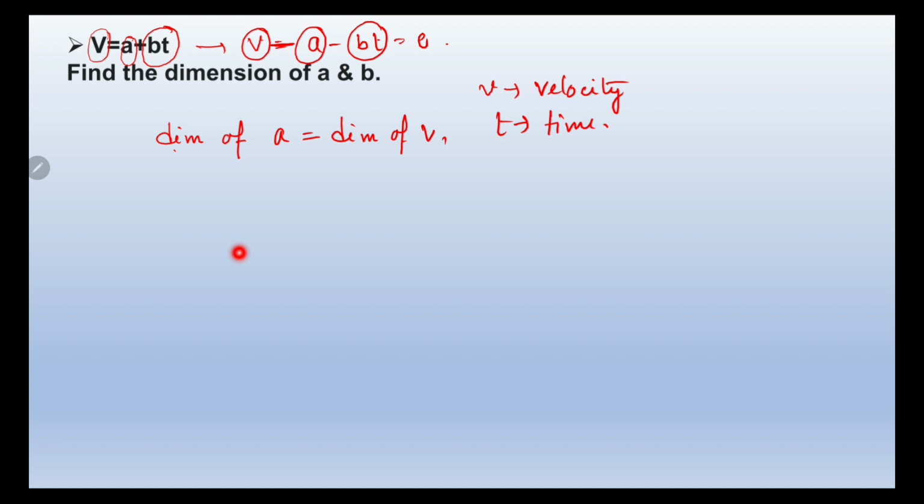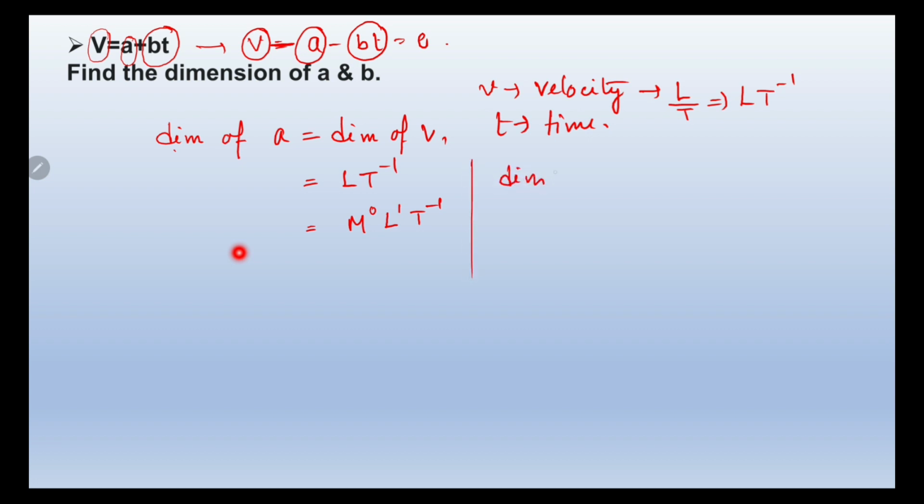So the dimension of a equals the dimension of v, and we all know that the dimension of v, the velocity, is L by T, that means L T to the power minus 1. In the traditional form, the dimension of a is M0 L1 T to the power minus 1. Now coming to the second part, bt.